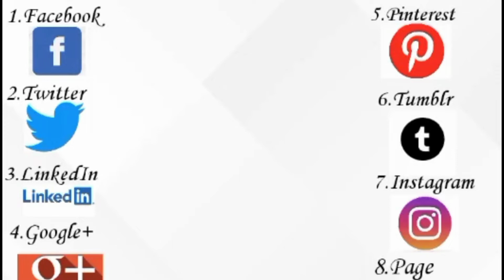Tumblr is a free social networking website that allows registered users to post multimedia content to their own customizable blogs. Instagram is a free photo and video sharing app available on iPhone and Android. People can upload photos or videos to this service and share them with their followers or with a select group of friends. And last but not least, the page.